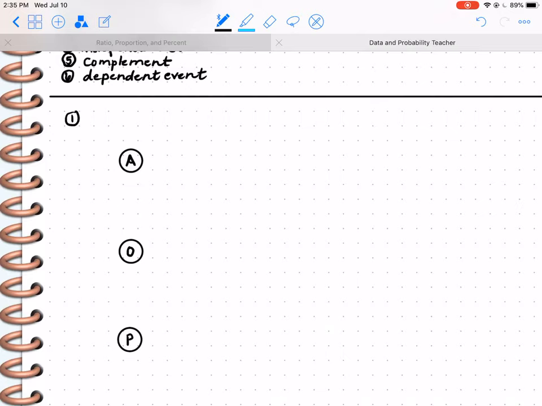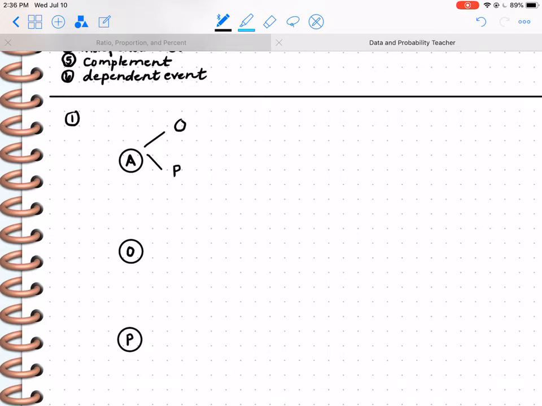So let's assume that on the first day he chose an apple. On the second day, there are two possible events that could occur. If he chose an apple on the first day, and I'm assuming he ate it, he didn't put it back in there, then on the second day, he could choose an orange or a pear, because those are the only two things left.